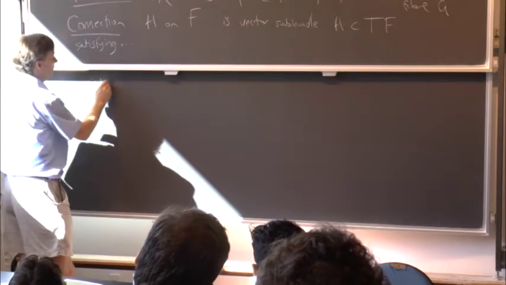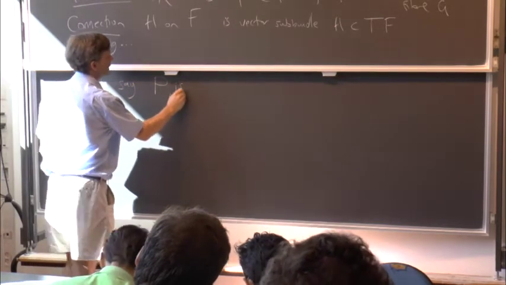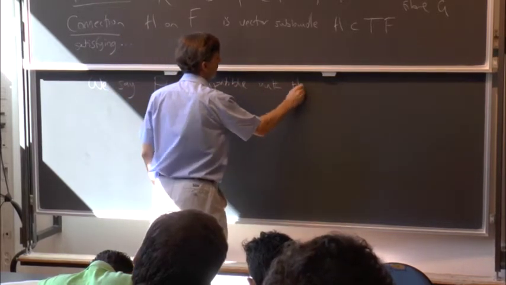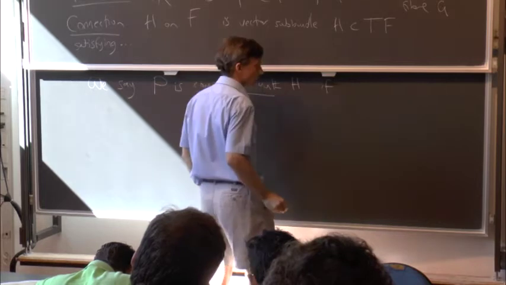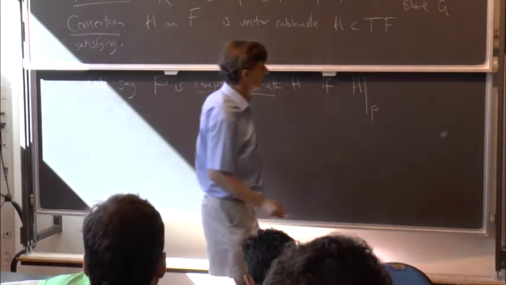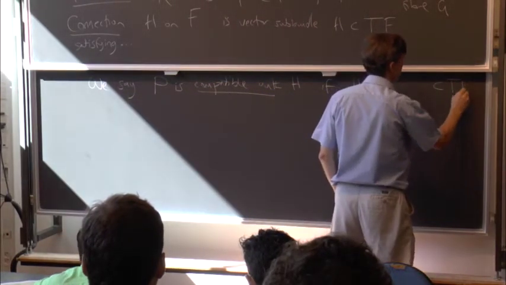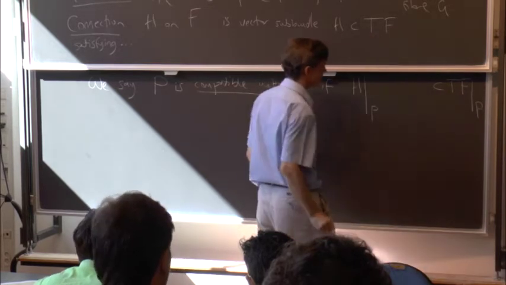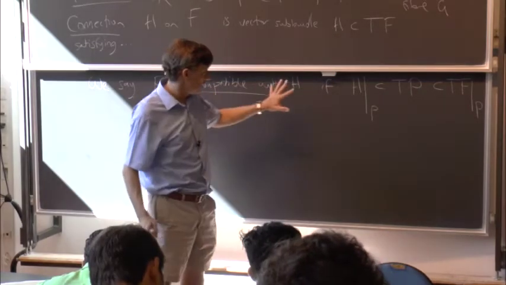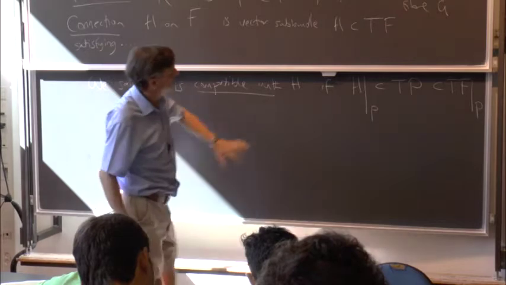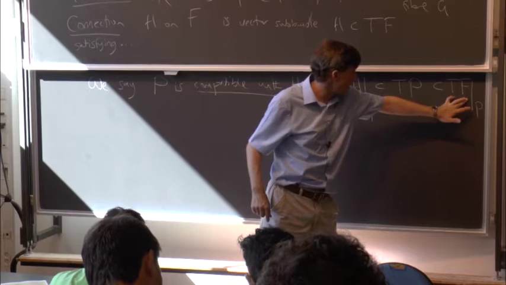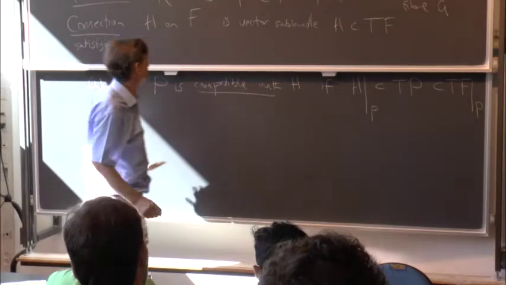Well, so we say that P is compatible with H if H restricted to P, which is a vector subbundle of the tangent bundle of F restricted to P, is contained in the tangent bundle of P. So at each point I want the fibre of H, which is a vector subspace of the tangent space to F, to be a subspace of the tangent space to P at that point.